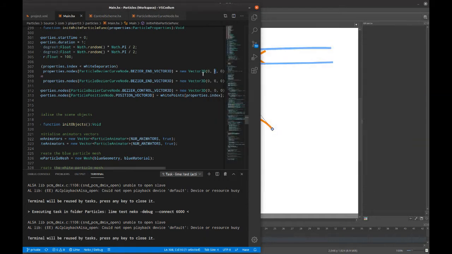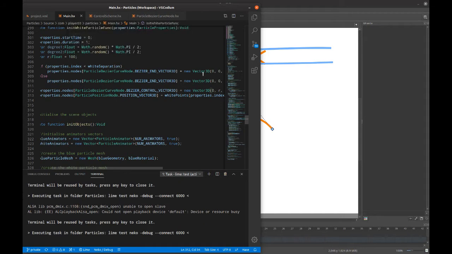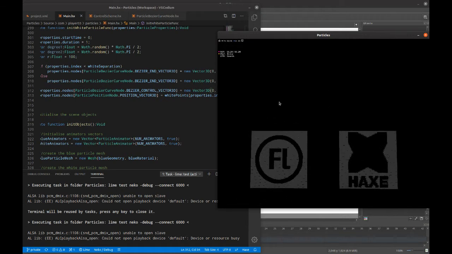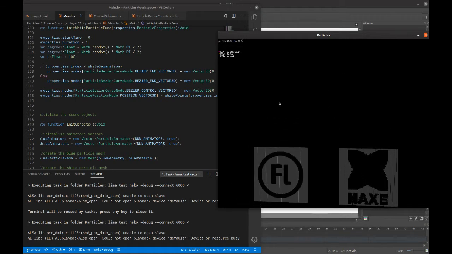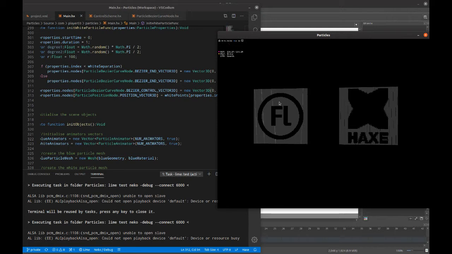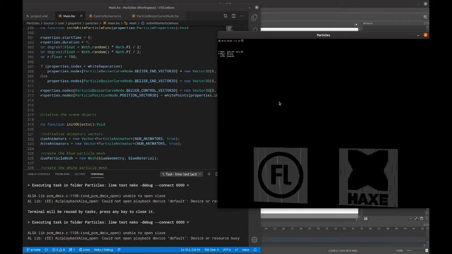Okay. And now we're going to set a control point. Still up and down. Or down and up. Down. So it goes up a bit, it comes back down and goes way past.